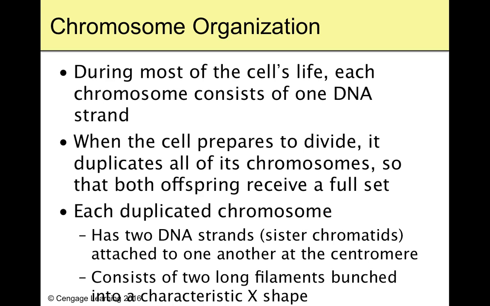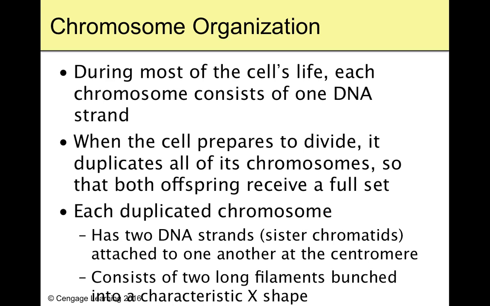So, how they're organized during most of the cell's life, your chromosome really consists of one DNA strand. It still looks like a chromosome. It's just one copy of that chromosome, because that's all you need to go through your day-to-day life.